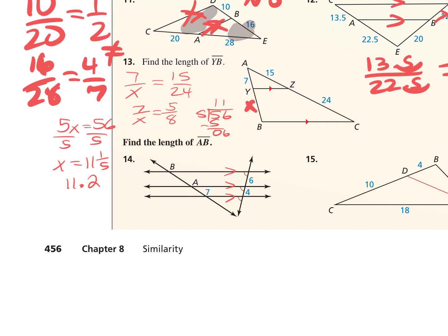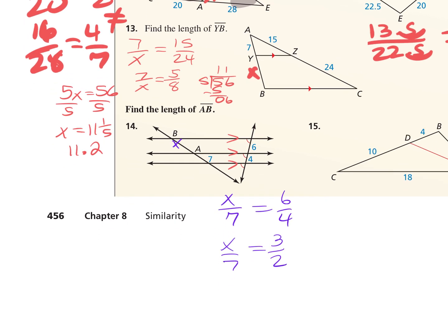So AB I could put here as X. So then I could do X over 7, and then 6 over 4. I can reduce the 6 over 4, make it 3 over 2, and now cross multiply. So 2 times X, 3 times 7, divide by 2, and X equals 10.5.